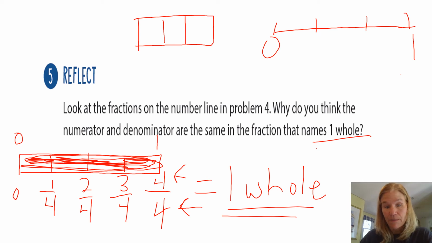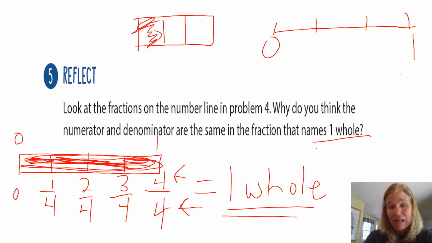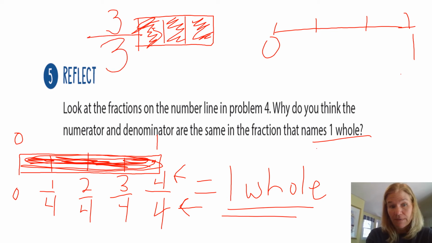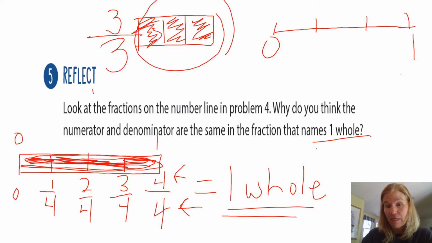So if I think about this, and I use 3 squares, so I used 3. How many were there all together? 3. So my numerator and denominator are going to be the same thing, and I colored in the whole.